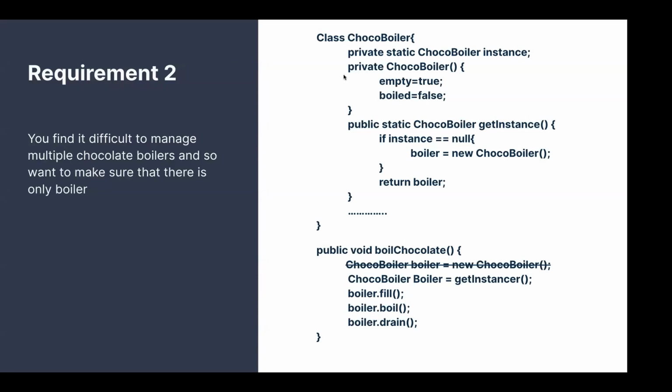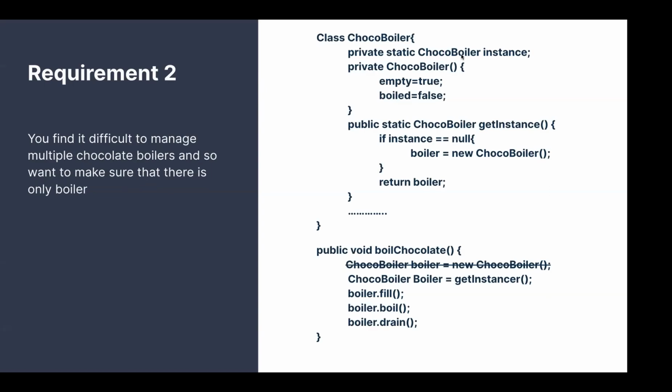And we need to make sure that there is a getter for this instance, which will create the ChocoBoiler only if there is no instance that exists. This would be a private instance which will have a getter, and the getter would be the thing that makes sure whether this exists or not, depending on whether it's already there.